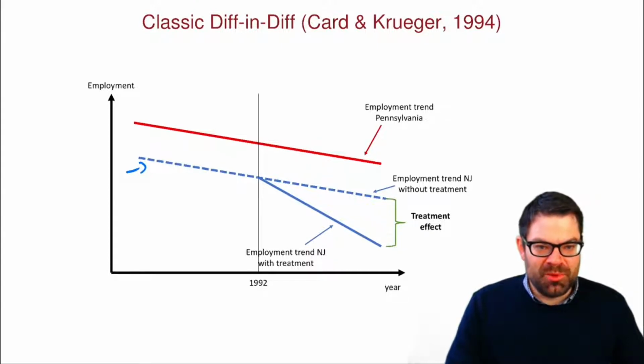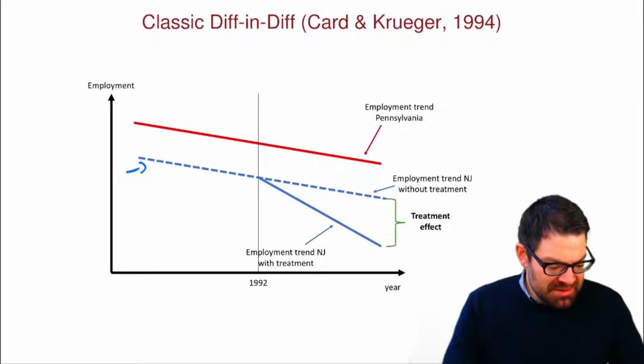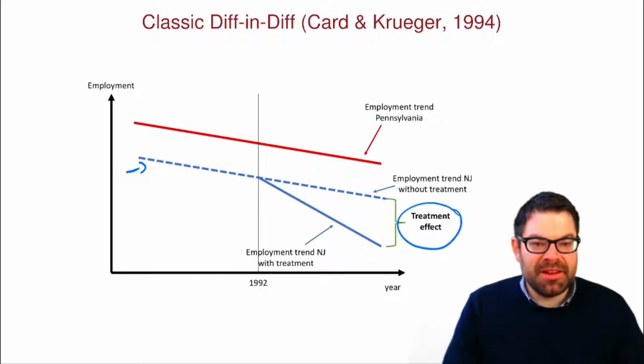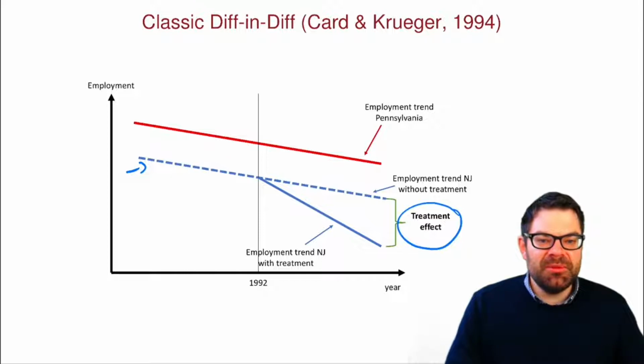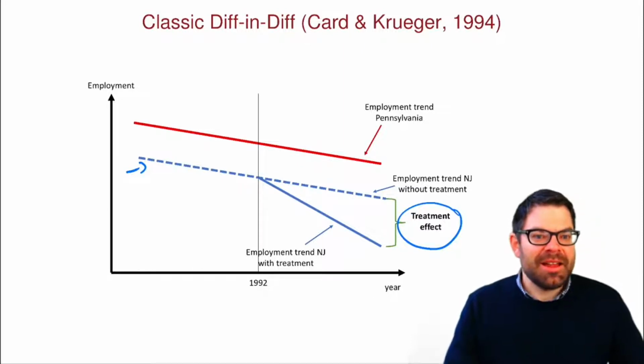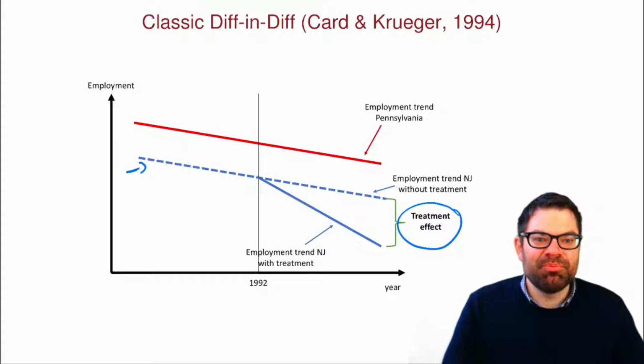employment should drop. And so what we are interested in is basically this treatment effect here, which is the difference between the employment that we see in New Jersey with the minimum wage relative to what it would have been had it not been for the minimum wage.